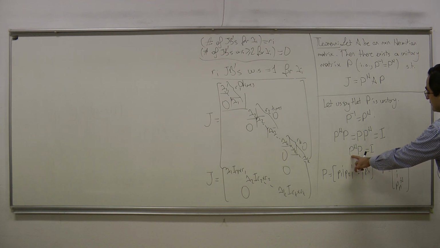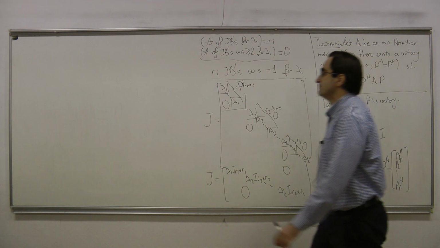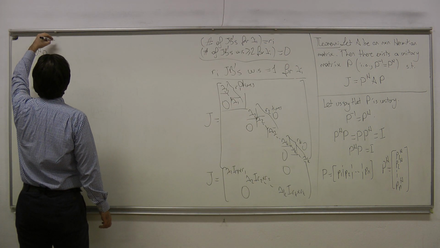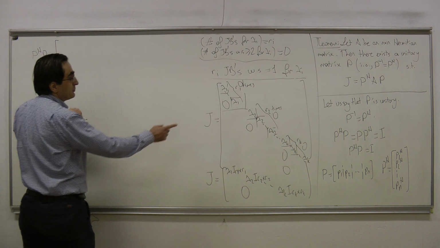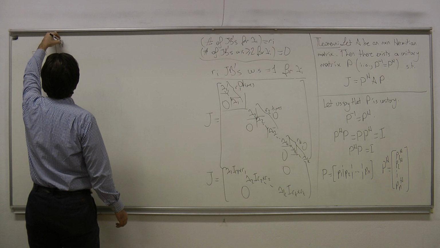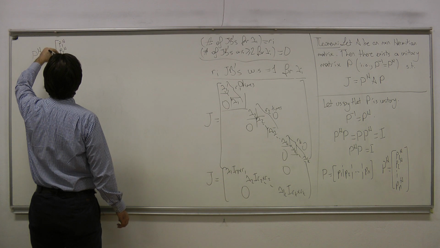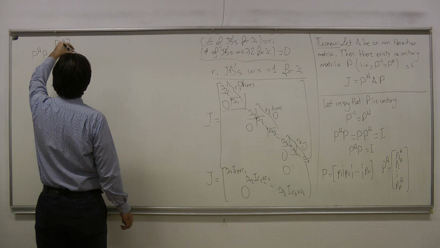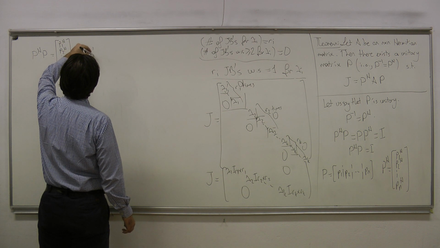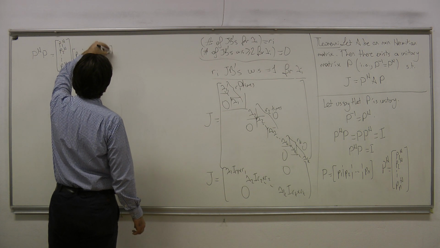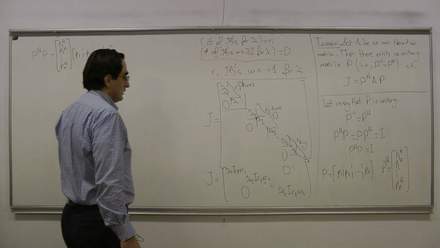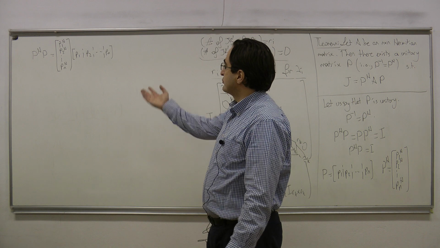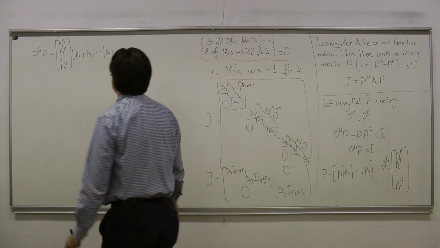Now let us try to multiply P Hermitian with P. P Hermitian times P is equal to P1 Hermitian, P2 Hermitian, going until Pn Hermitian, times P itself, P1, P2, going until Pn. Now we can use the rules of partitioned matrices to write the n by n matrix.